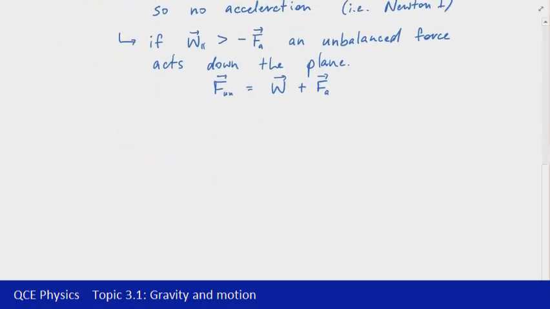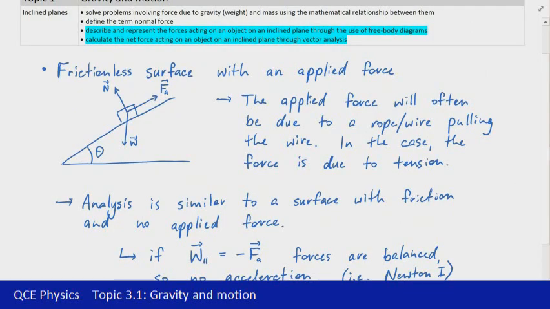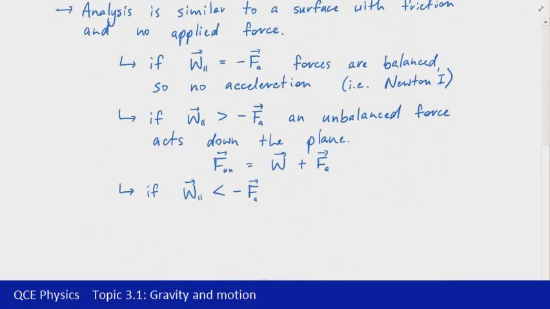Now there is a third situation here, so this is a little bit different now to the situation with an inclined plane with friction. The weight force could actually be less than the applied force. So that means that if we go back up to this diagram, let's imagine a situation where the applied force is really quite large, so the arrow is even bigger. You can see that that's definitely going to be larger than the parallel component of the weight that would act down the plane, and so we're definitely going to have an unbalanced force, in this case acting up the plane.